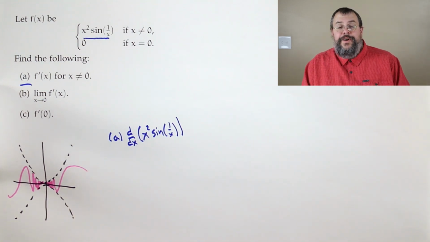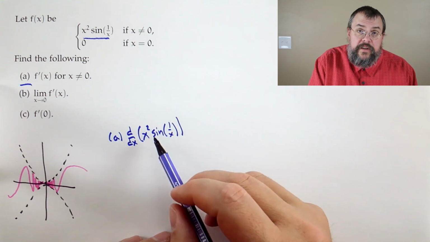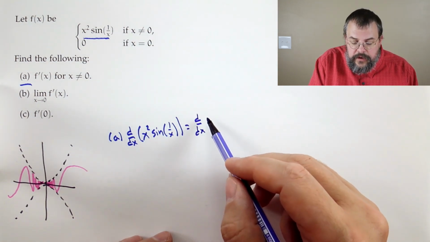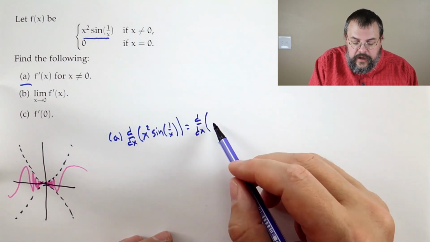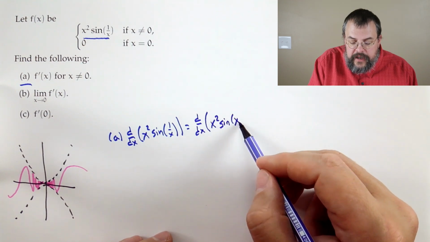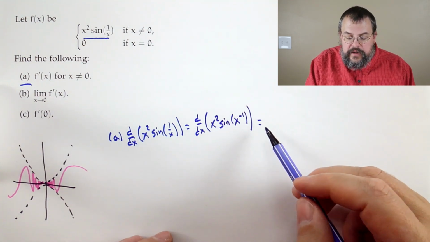Now, what do we see here? Well, we see a product rule and a chain rule because 1 over x is inside our sine. Now, I should note before we get too far along, 1 over x, a nice way to think about it, even if we don't write it, but I'm going to go ahead and write it, is as x to the negative 1 power.